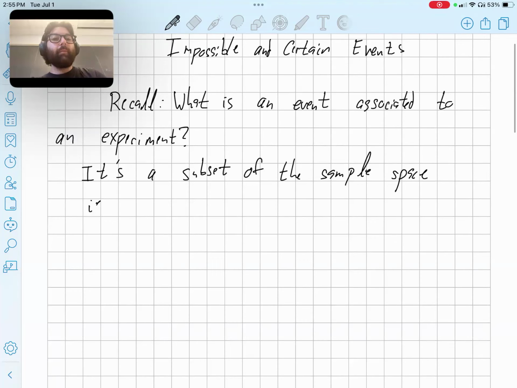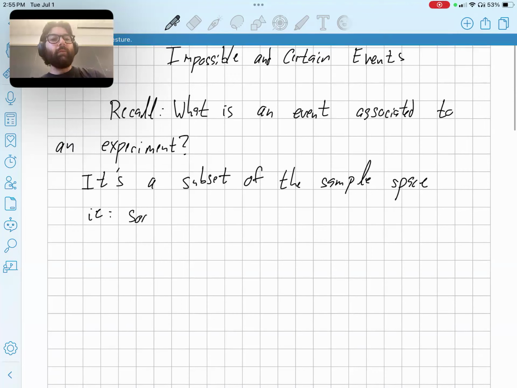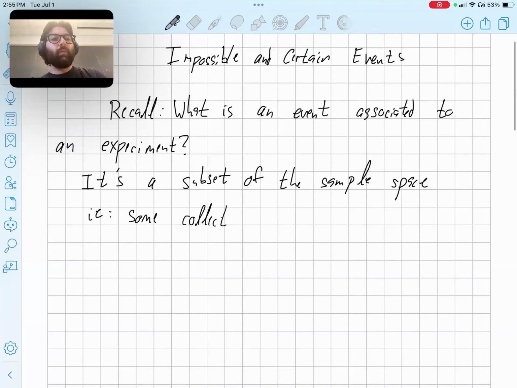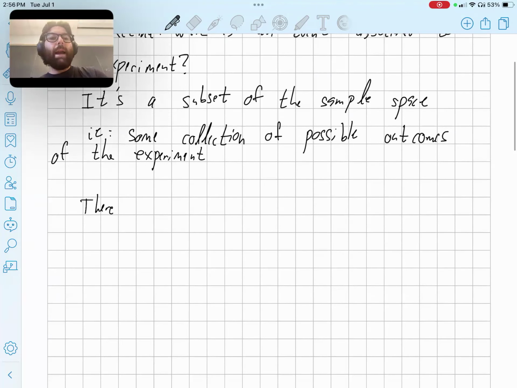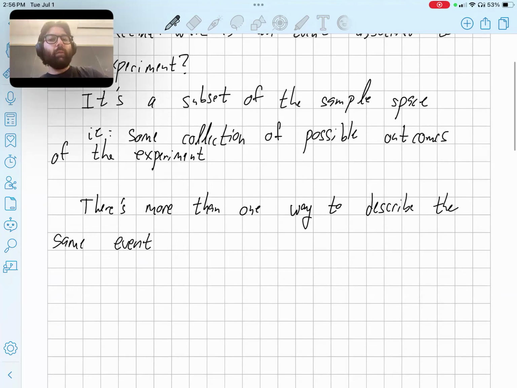In other words, it's some collection of possible outcomes of the experiment. And as we've seen, there's more than one way to describe an event, so to describe the same event in words.